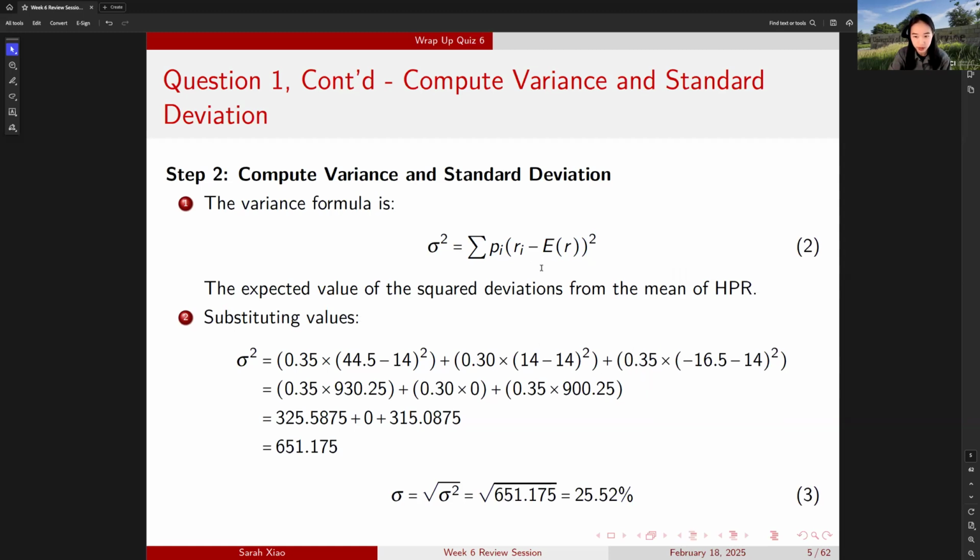And then we plug in the HPR in each state of the market and subtract the mean of HPR. Then we get a number around 651, which is the variance. And then we take the square root and get the standard deviation, which is about 25%.